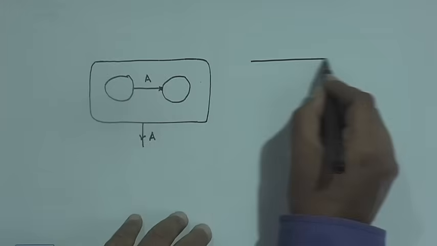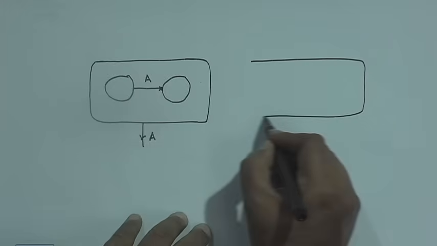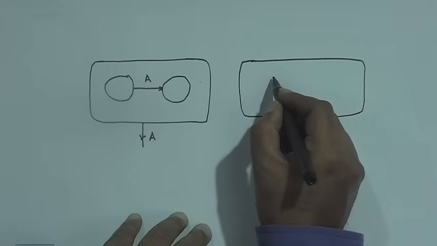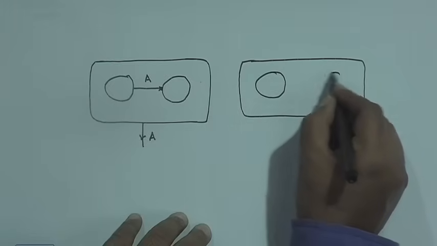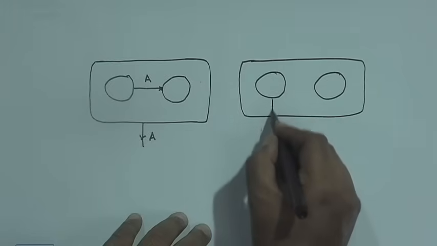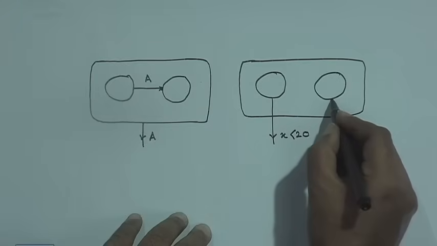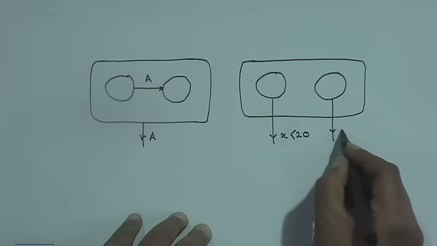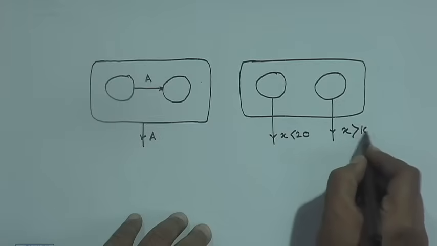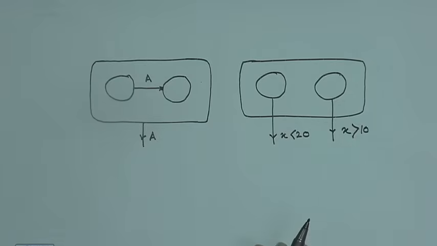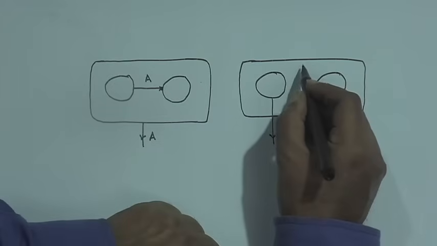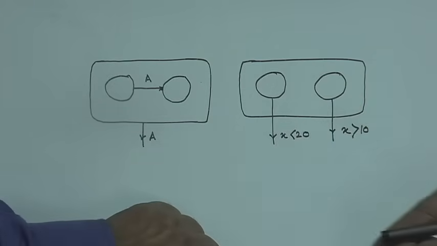Similarly, another example could be that I have got two states. I am saying x is less than 20, you make this transition, and here I say x is greater than 10, you make this transition. Now, suppose these are concurrent transitions or whatever.